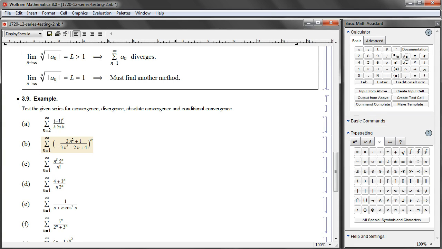How about the next series? This one is also alternating, because we have -1 to the nth power. But then again, how about this big one to the nth power? How does that behave? That's a little bit difficult to see.